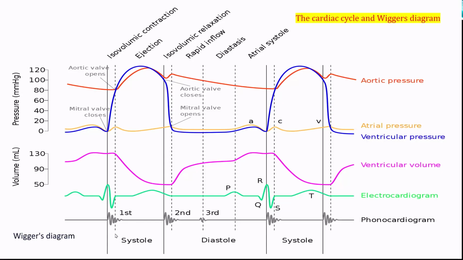At first look, this graph, which is called the Wiggers diagram, creates in the minds of students tons of queries, but this is a very comprehensive graph and provides all the details regarding the cardiac cycle.